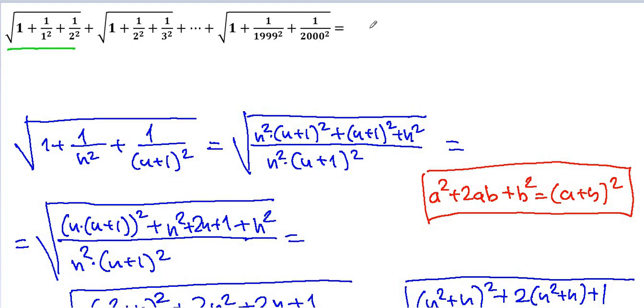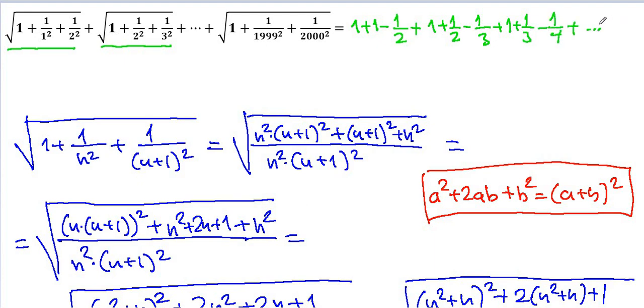So this one is simply 1 plus 1 minus 1 over 2, plus this one is 1 plus 1 over 2 minus 1 over 3, and plus 1 plus 1 over 3 minus 1 over 4, plus, and so on, plus 1 plus 1 over 1999 minus 1 over 2000.